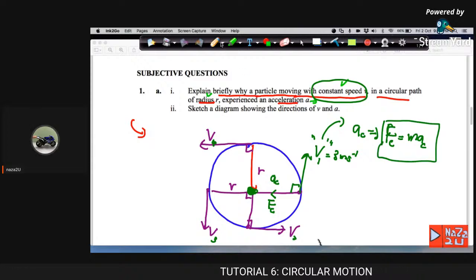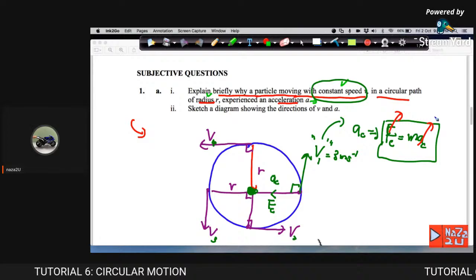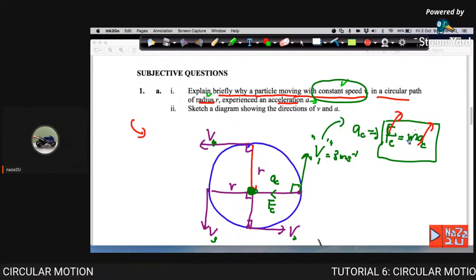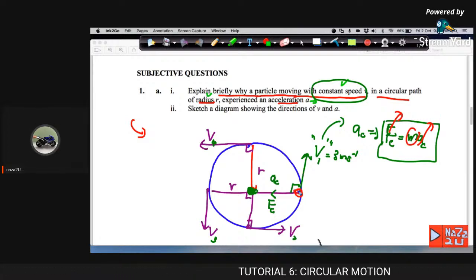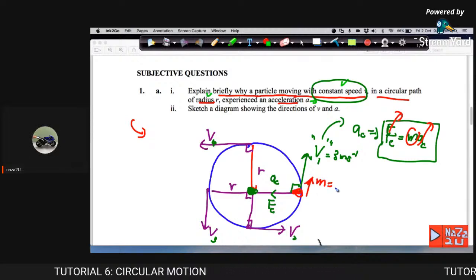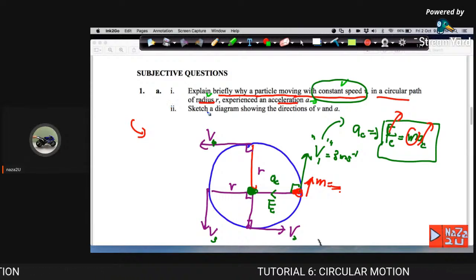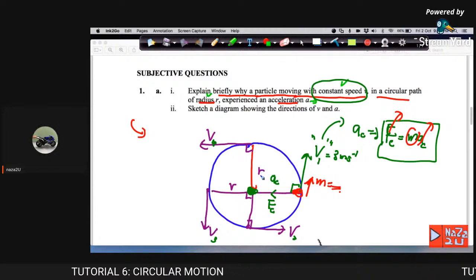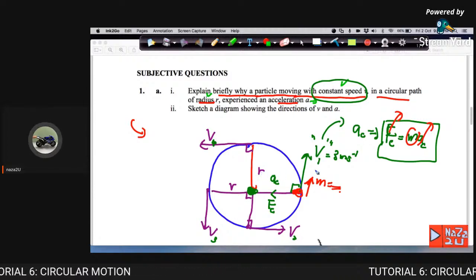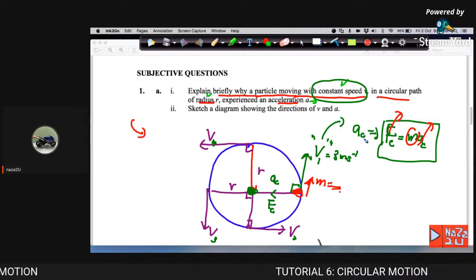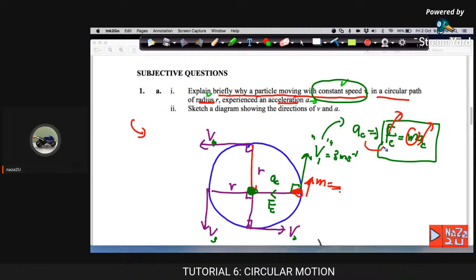FC refers to the centripetal force, AC is the centripetal acceleration, and m is the mass of the object. The mass of the object is constant. Right. So this is how you can relate the velocity or speed, radius r, and centripetal acceleration to the centripetal force.